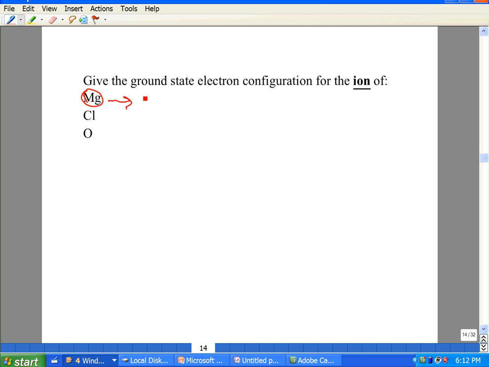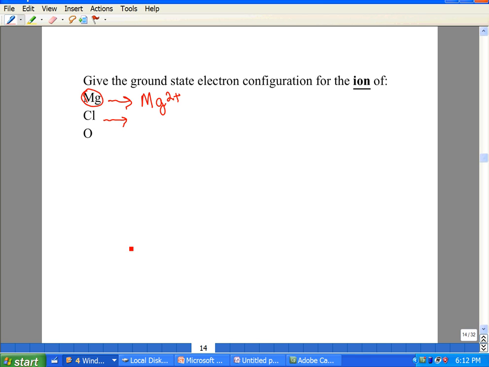So we know that magnesium on the periodic table is in group 2. So therefore, it would want to lose 2 electrons to look like a noble gas. And therefore, you would remove 2 units of negative charge. So you would end up with a positive 2.